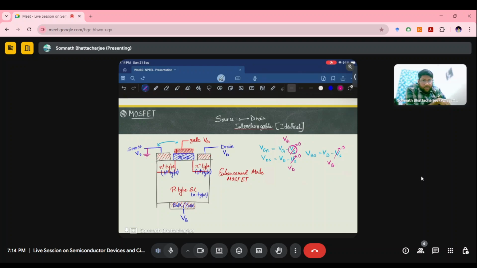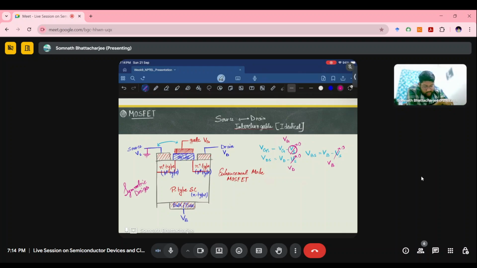In several problems where we don't define the VS, we have to assume that the source terminal is directly grounded. So all of the different voltages applied to them are with respect to a common ground, that is the source voltage.